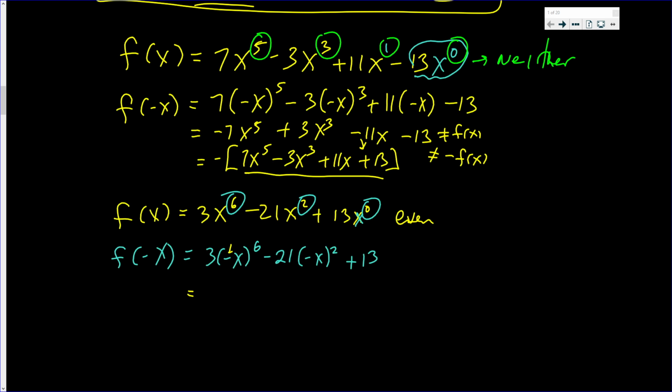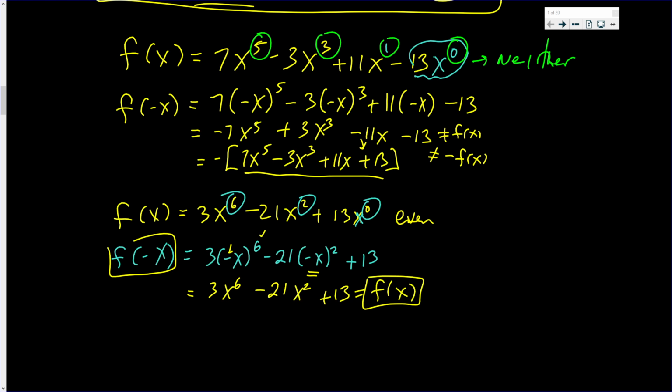Well, a negative times itself 6 times is positive, and x to the 6th is x to the 6th, minus 21, negative x times negative x, well, negative times negative is positive, times x is just x squared, plus 13. Oh, that's exactly f of x. f of negative x is equal to f of x. So yes, it is an even function.